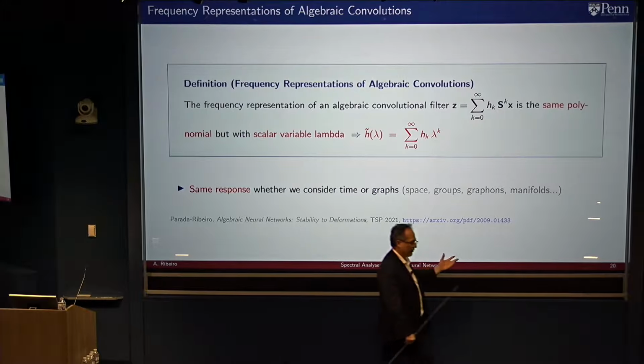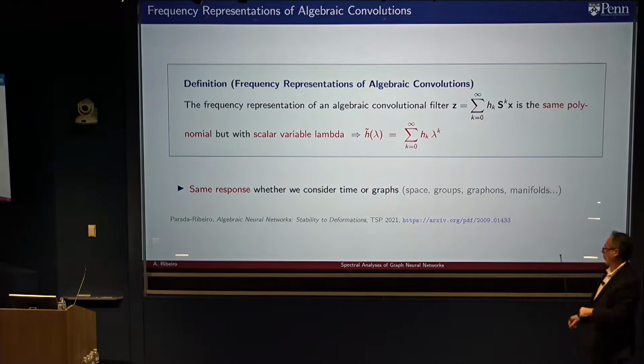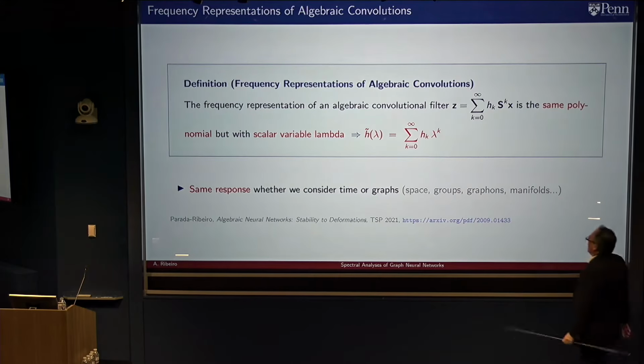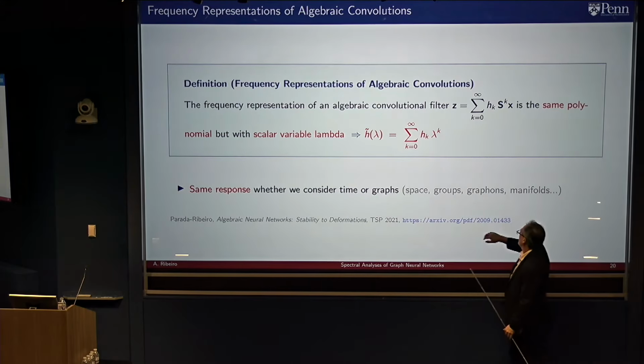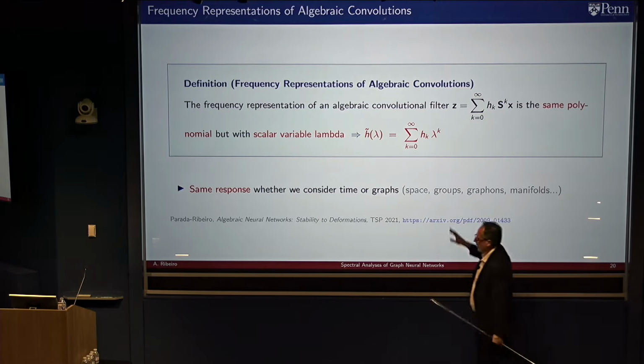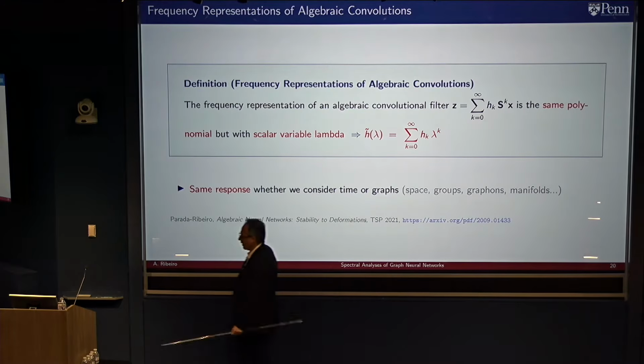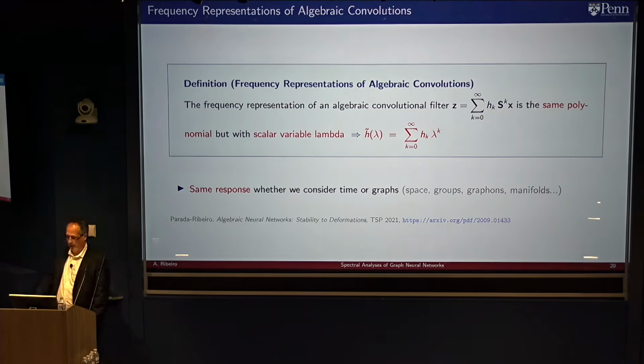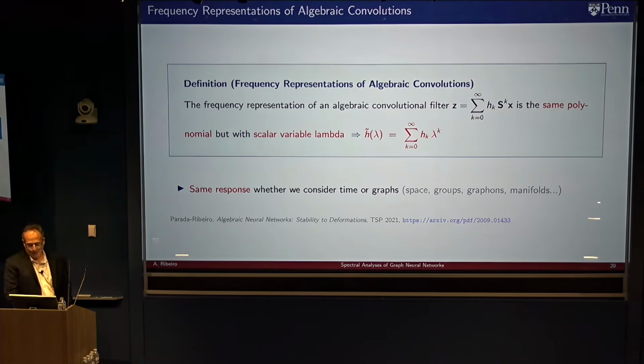If you're studying graphs, it gets instantiated on the eigenvalues of your Laplacian or adjacency matrix. If you're studying groups, well, I don't know how to explain that quickly, but if you're studying graphons, again, it will be on the eigenvalues of the graphon kernel. If you're studying manifolds, that thing will get instantiated in the eigenvalues of the manifold's Laplacian.